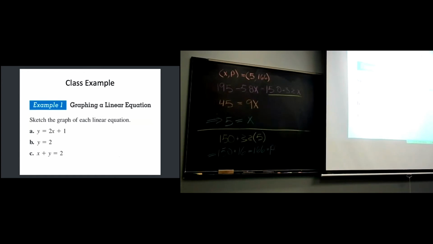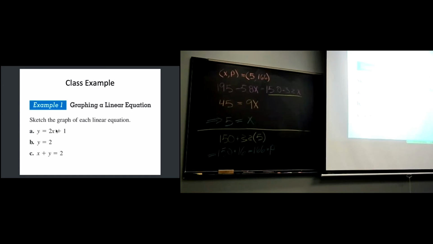So based on that, if we wanted to, we could go through and write or draw the graph of each of these equations, right? So out of curiosity, what is B going to look like? Yeah, it's going to be a horizontal line.